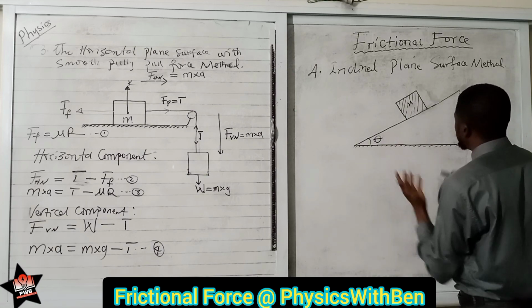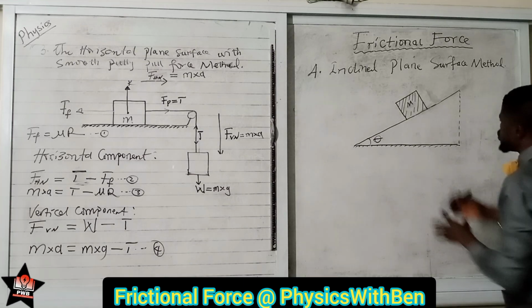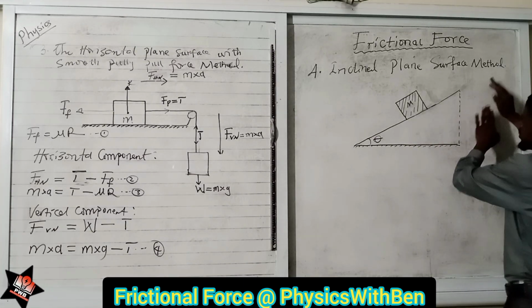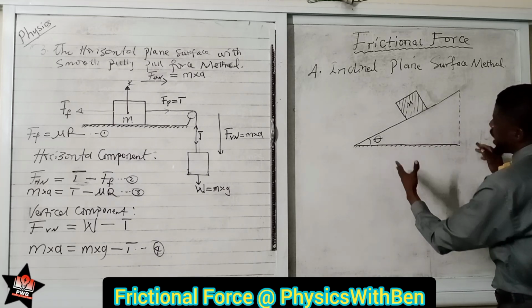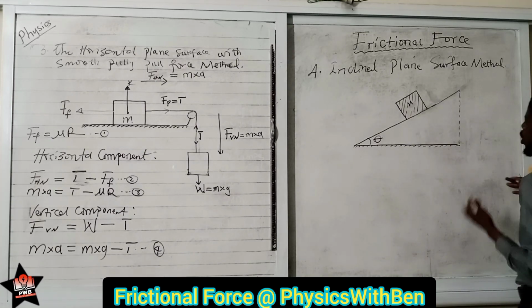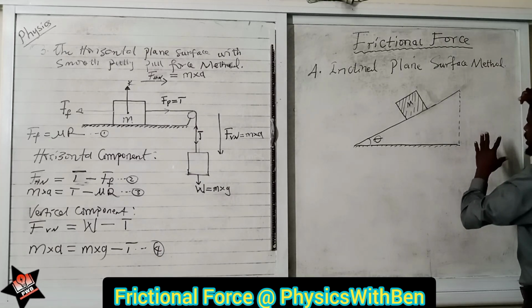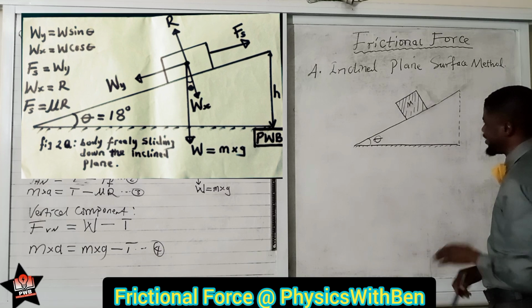So what are the equations controlling this? The geometry behind this. So there are two ways this can happen: when the object slides down naturally by you increasing the angle of inclination to the horizontal surface, or by you pulling it up. So let's do it as though the object is sliding down naturally.